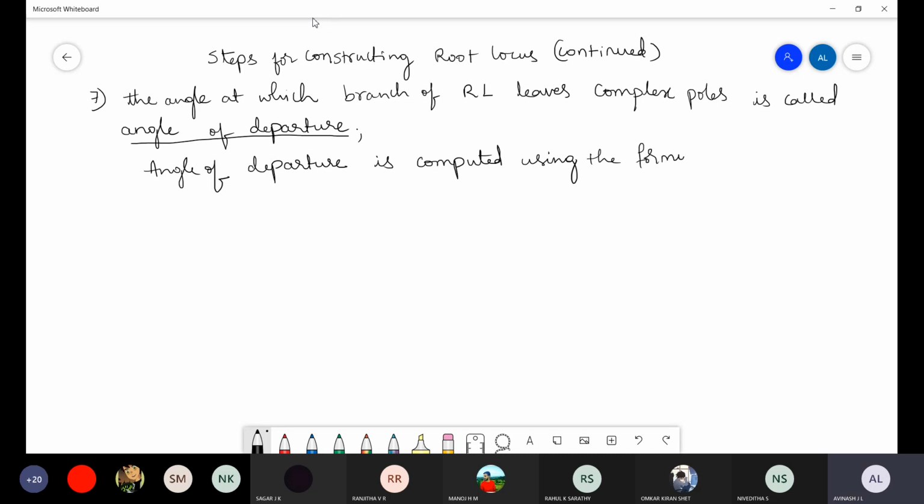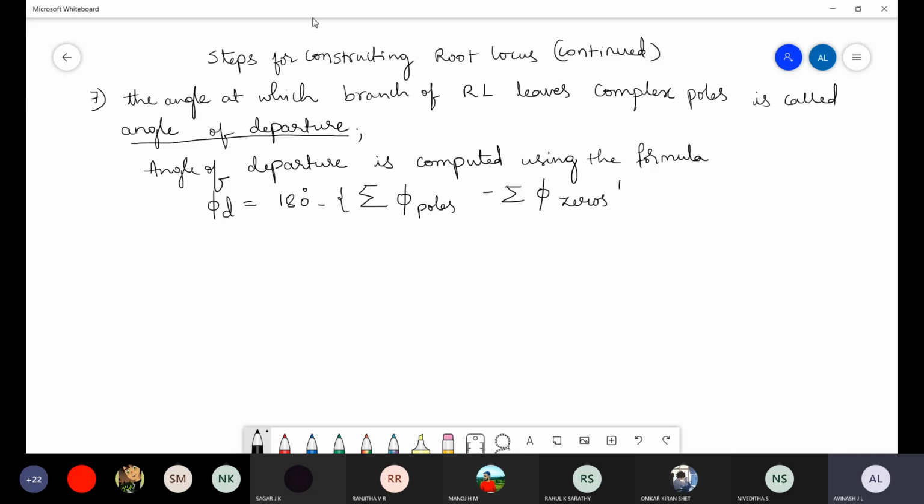Phi d, where phi indicates angle and d represents departure, is equal to 180 degrees minus the summation of angles of all poles minus the summation of angles of all zeros.